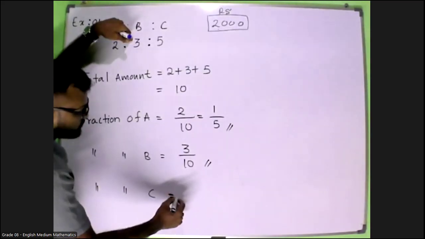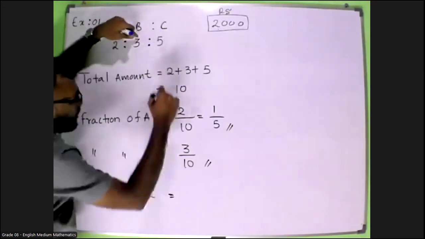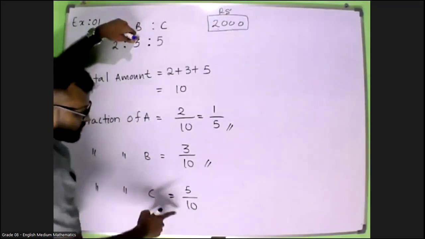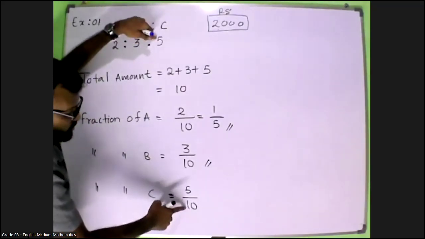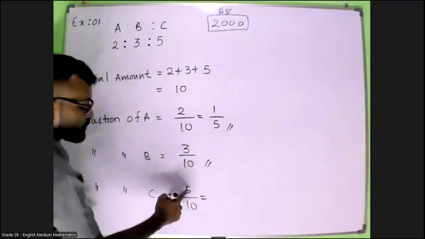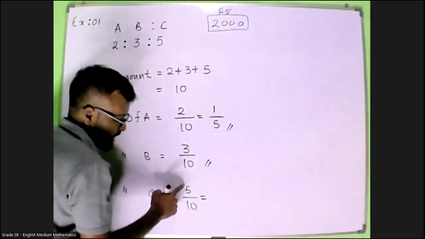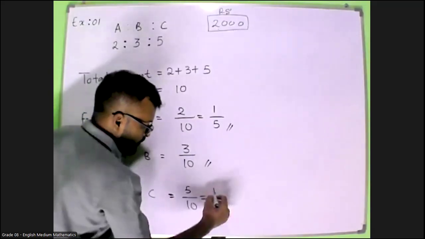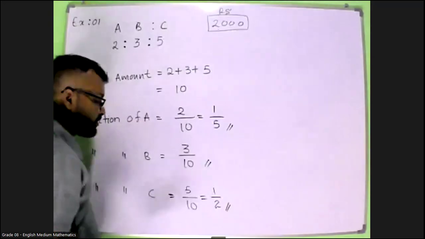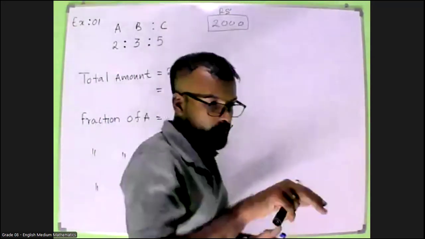Fraction of C: 5 divided by 10. These parts are 5, total parts are 10. This can be simplified further: 5 times 1, 5 times 2. Yes, 1 upon 2. So this is the answer for the first part of the question.